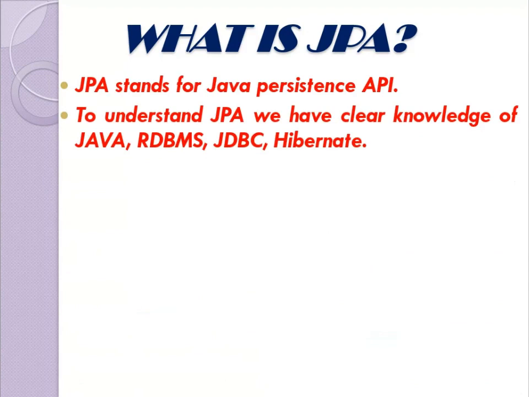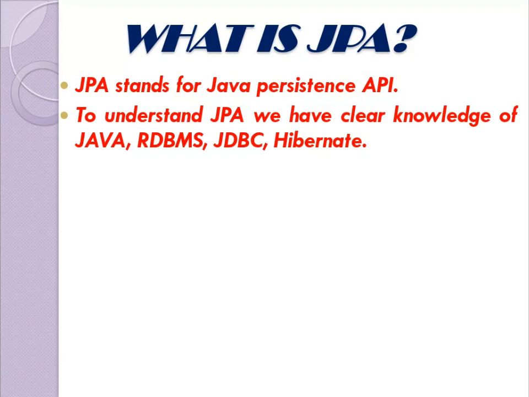To understand JPA, we should have clear knowledge of Java, RDBMS, JDBC, and Hibernate. RDBMS is Relational Database Management System, JDBC is Java Database Connectivity, and Hibernate is an ORM framework.